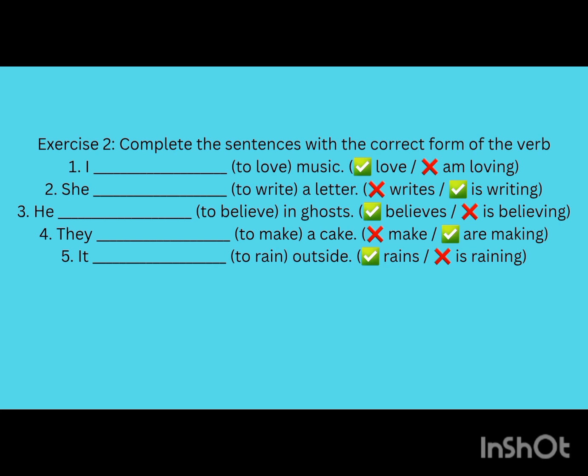He (believe) in ghosts. Believes is correct; is believing is wrong. They (make) a cake. Make is wrong; are making is correct. It (rain) outside. Rains is right; is raining is wrong.